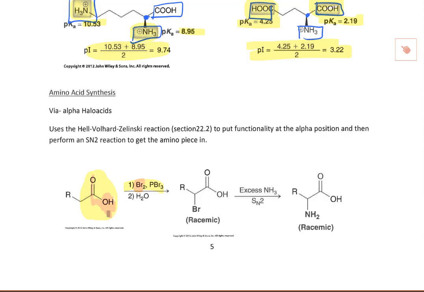In this reaction, it puts that bromine at the position immediately adjacent to the carboxylic acid. Then once you have a leaving group at that position, you can do an SN2 reaction with a little bit of ammonia, and that puts the NH2 in the place of the bromine. And so now we have our base structure for amino acids.